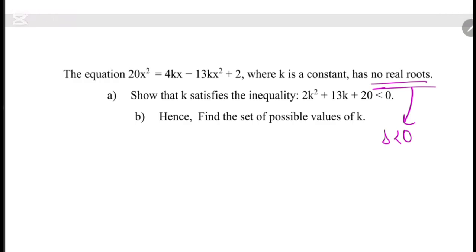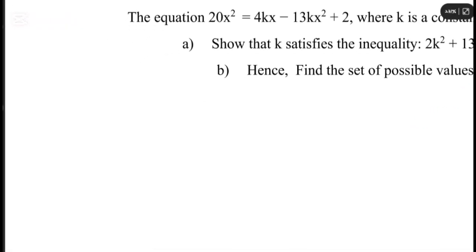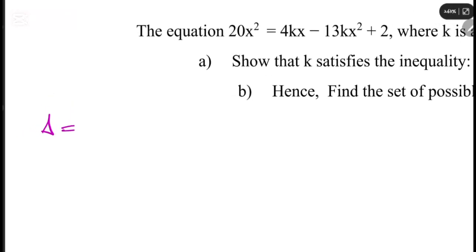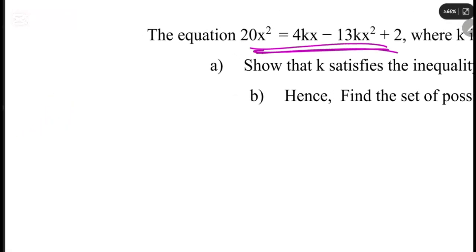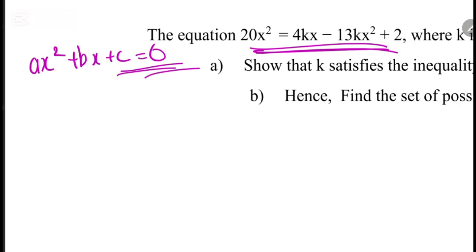Now the quadratic inequality lesson comes into play. But first, let's just get the discriminant straight. Let's first rearrange this into a quadratic, because before you plug into the discriminant, you always have to get it into this form, equals 0. Always make it equal 0.